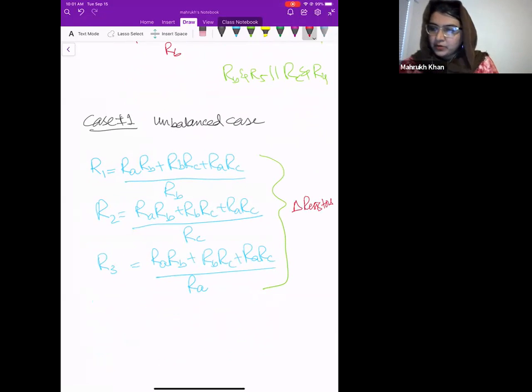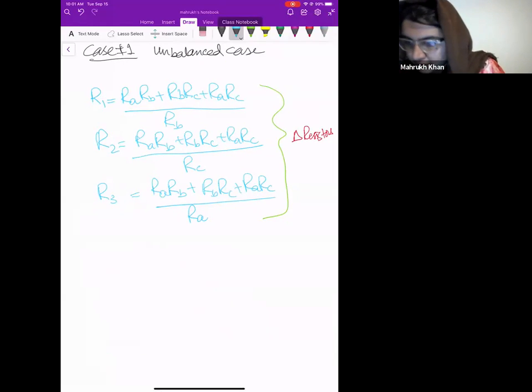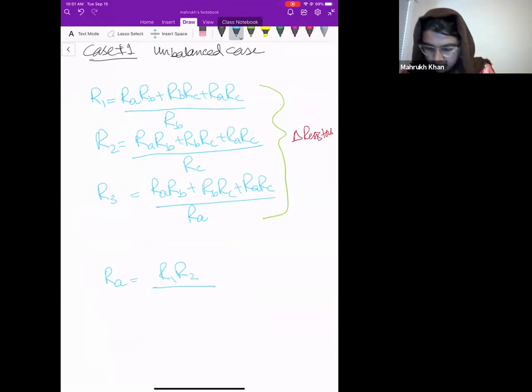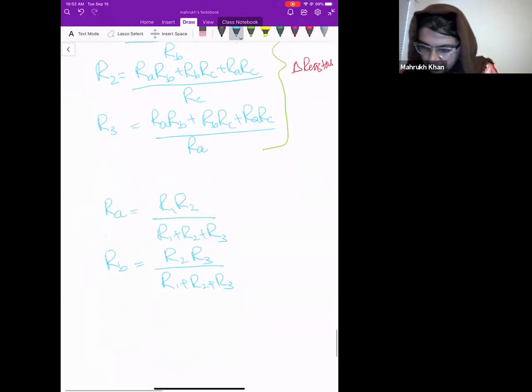Now, what are the formulas for the Y resistors? RA is equal to R1, R2 divided by R1 plus R2 plus R3. RB is R2, R3 divided by R1 plus R2 plus R3. And RC is R1, R3 divided by R1 plus R2 plus R3.